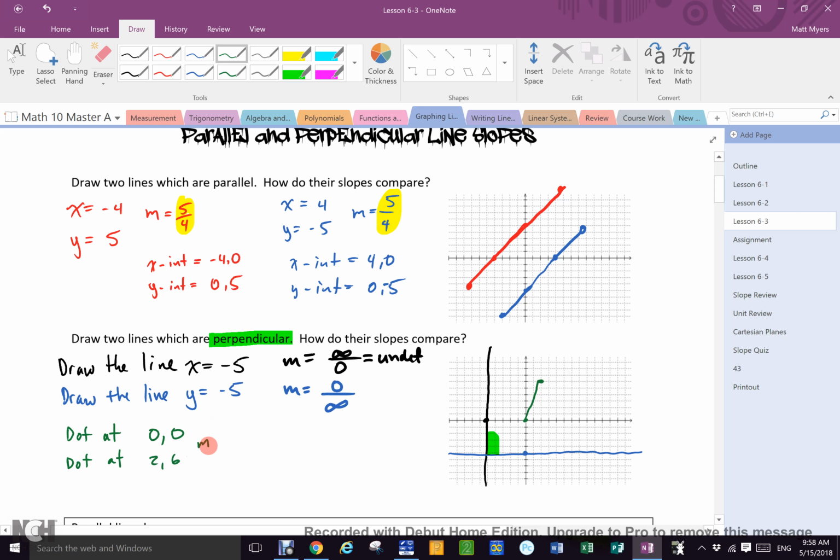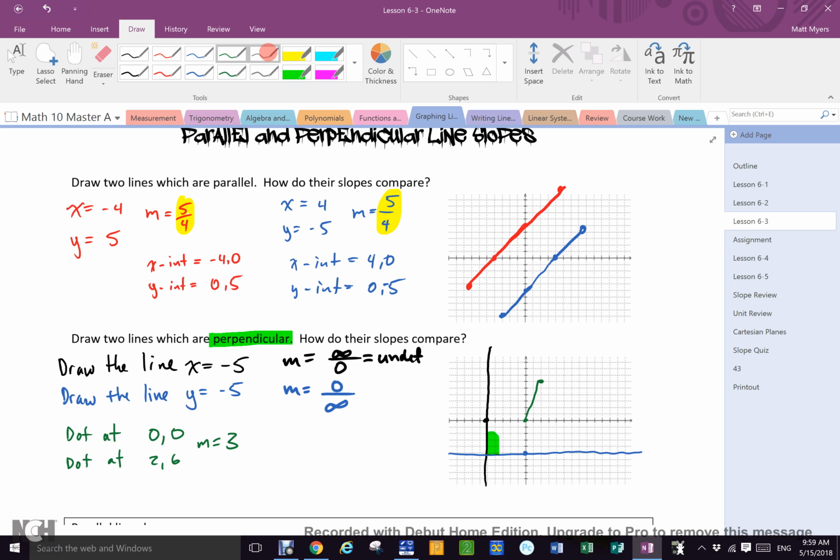Can you tell me that guy's slope? What is that guy's slope? 3. Everybody cool? Yeah? Everybody good? Okay.